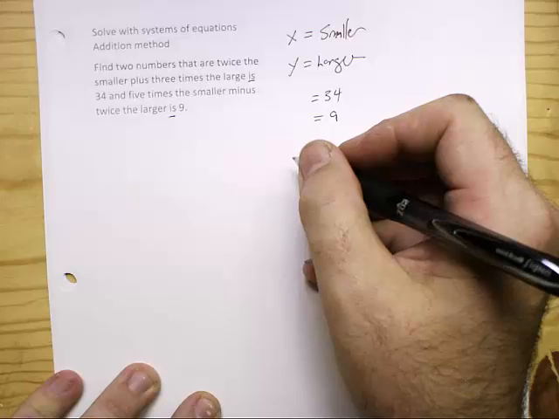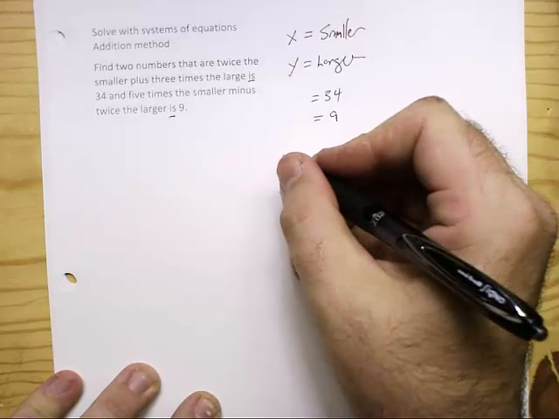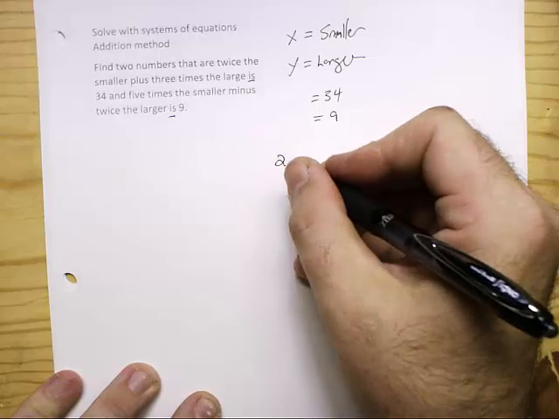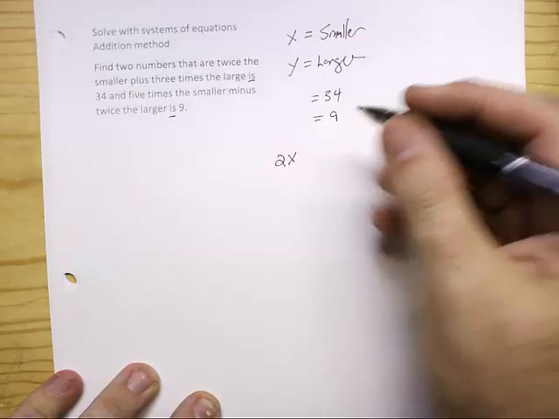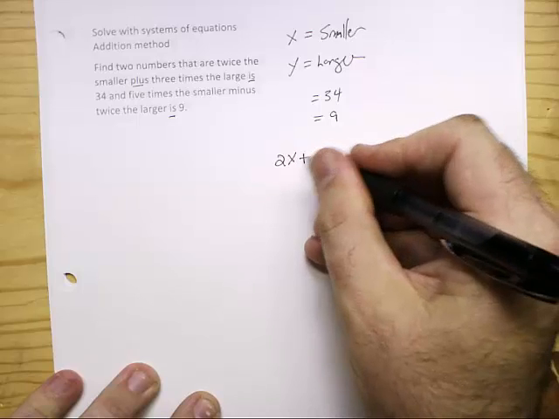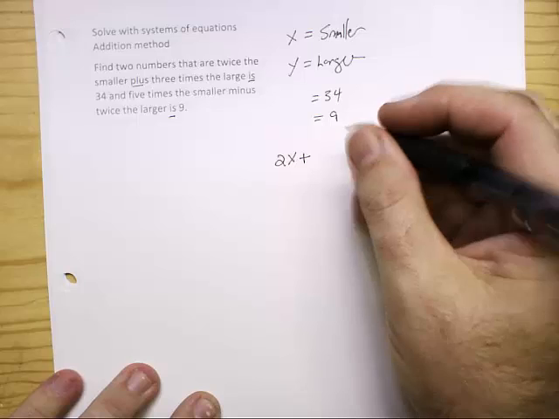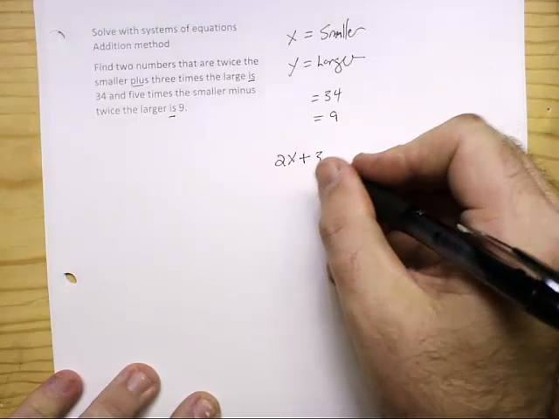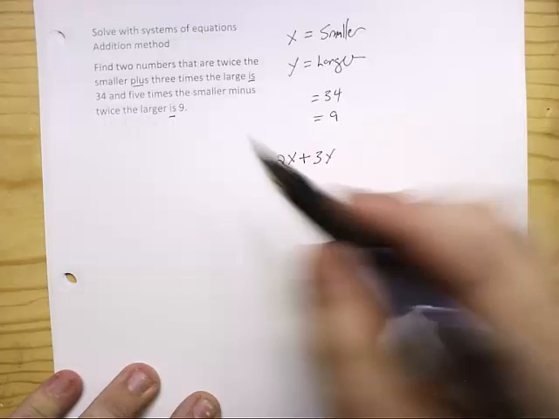Find two numbers that are twice the smaller. So we're going to start off with 2, and then our smaller, which is our x, plus 3 times the larger, so 3y, and it equals 34.